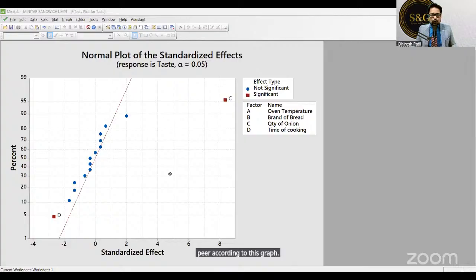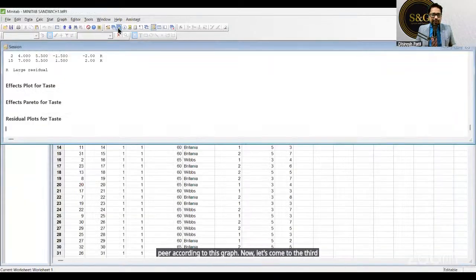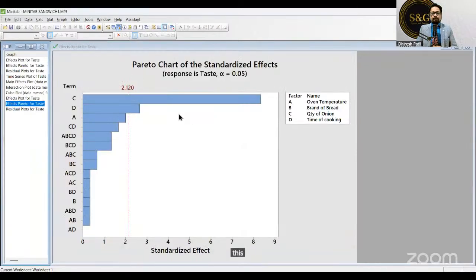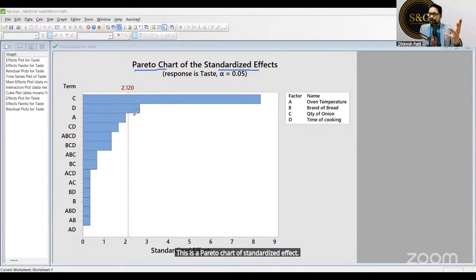Now let's come to the third graph, this graph. What is this graph telling? See, this is a Pareto chart of standardized effect. Pareto is what? 80-20.